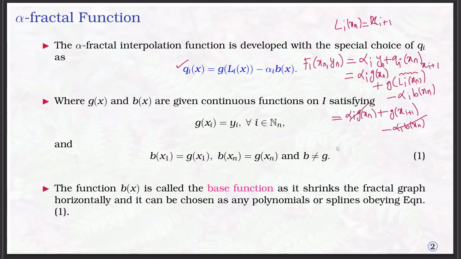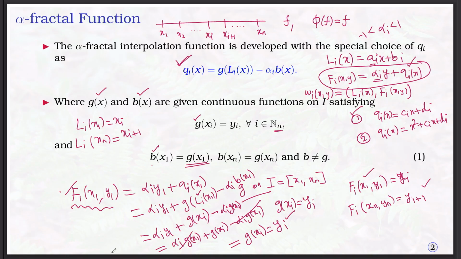Now, these two terms will cancel, one can get g of xi plus 1 which is equal to yi plus 1. So, if you are using this endpoint, it is satisfying this condition, and here we obtained fi of x1 and y1, that means any fi of x1, y1 goes to yi, and fi of xn and yn goes to yi plus 1. So, the special choice of this qi also satisfies the endpoint condition.